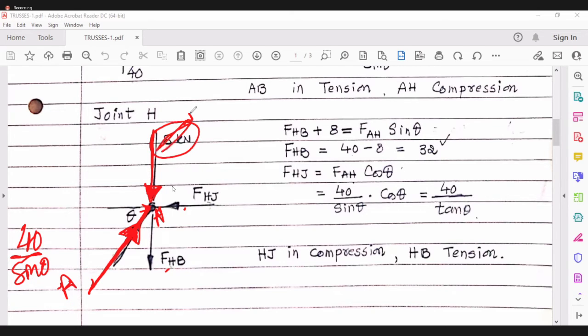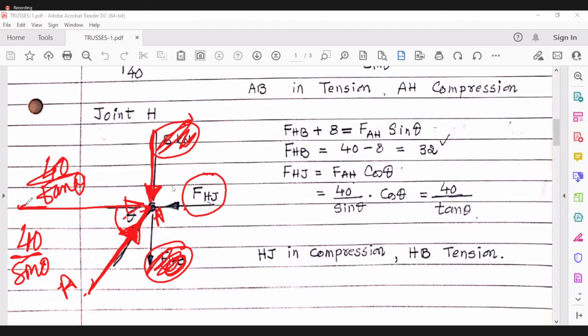This does not have an x component. This does not have an x component. This is totally an x component, and 40 by sin theta has an x component. This is theta, so this is 40 by sin theta into cos theta. So this is 40 by tan theta, acting from left to right. So HJ must be from right to left. Am I right?